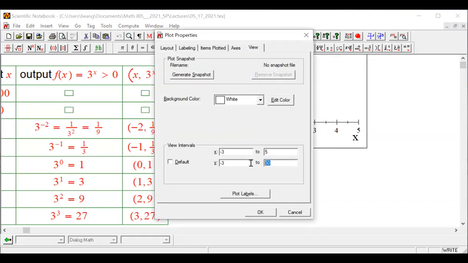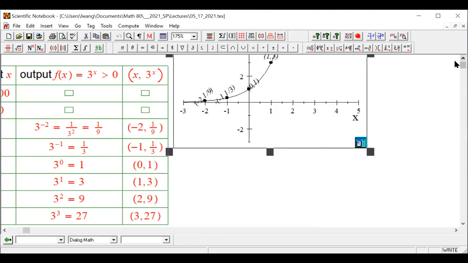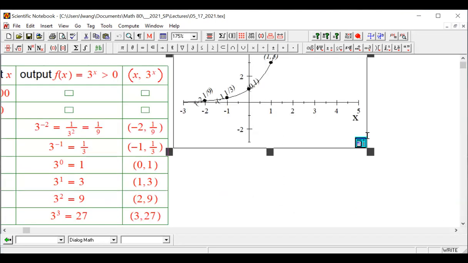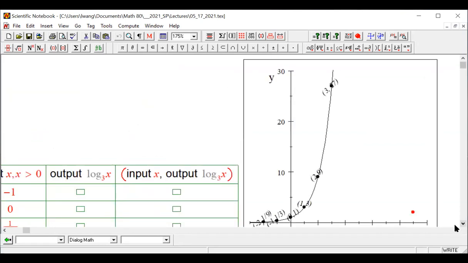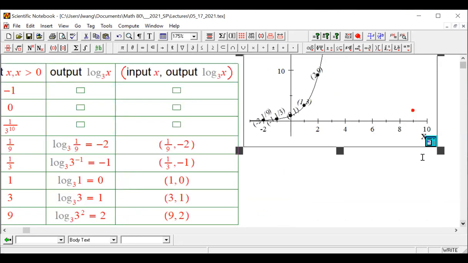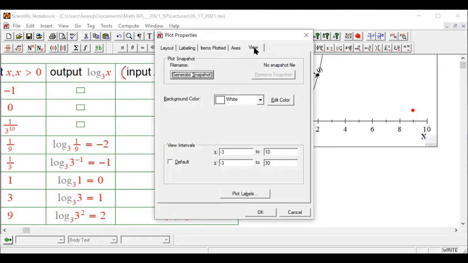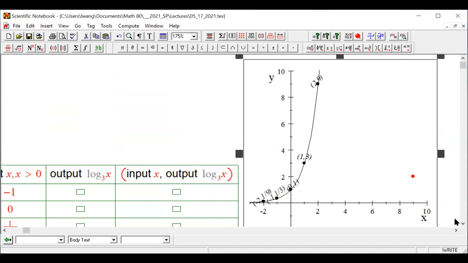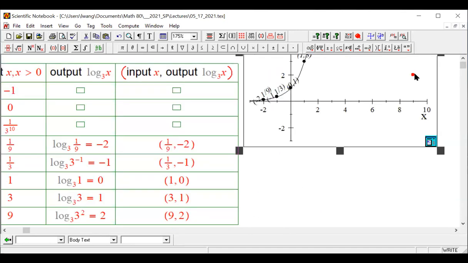The point 3,27 is going to disappear, but it's not going to affect the whole picture. Okay, I did it in the wrong place, but not a big deal. I'm going to make this 10, so that when we see 9,2, the point is better reflected.